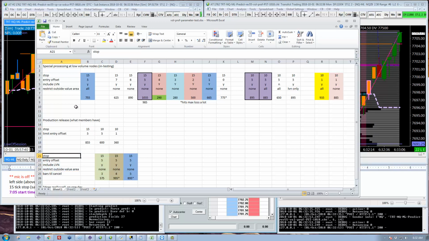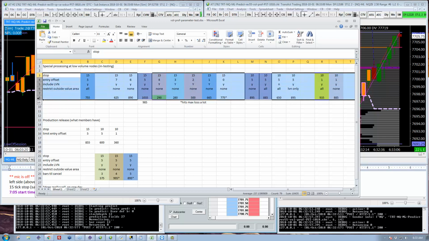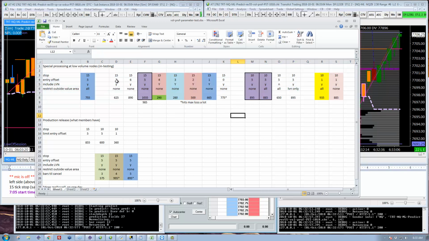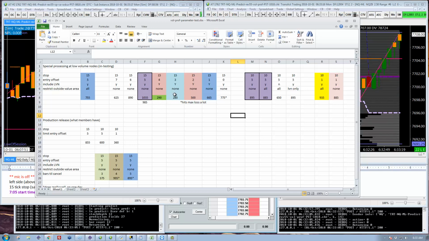That's a little different. Up here is the newer special low volume processing nodes. Part of the thought process here is that at the low volume nodes we're looking at it in a somewhat simplified way, and I was concerned that was noisier in the current environment.